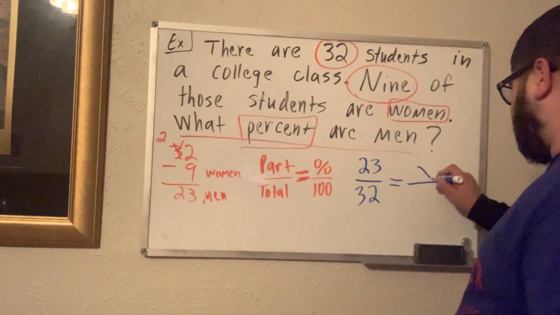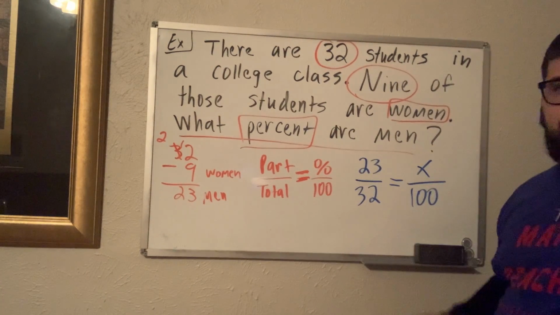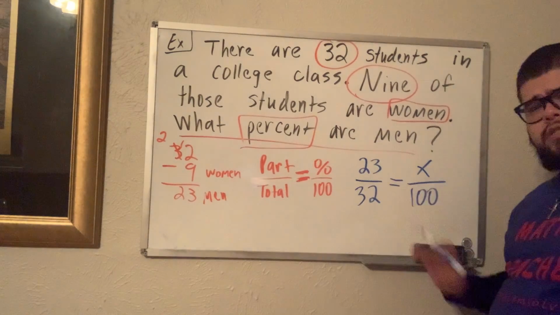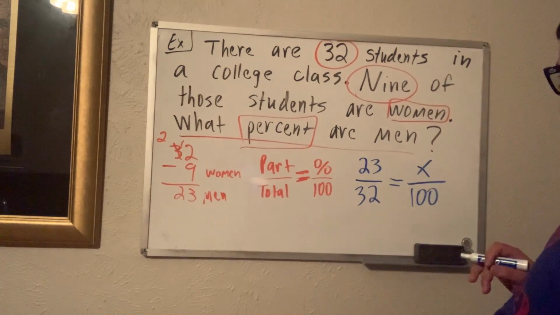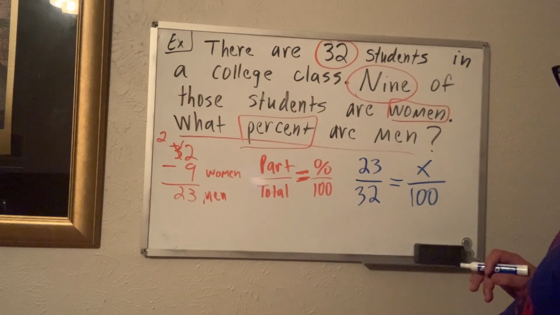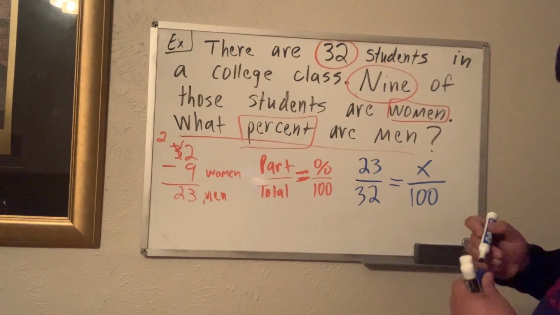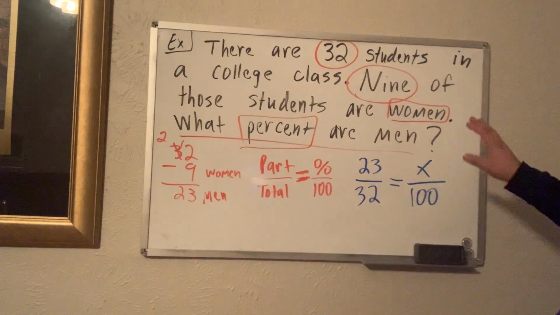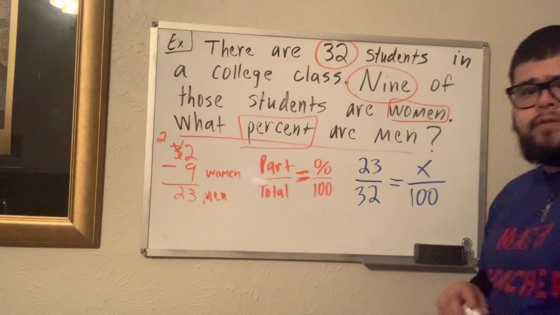No, we don't know the percent. 100 is part of the percent proportion. So now we're all set up. We got everything we need. Now we just need to solve the proportion. So make sure you have this written down. I'm going to erase this, and I'm going to put this proportion up here so that we're able to solve it, okay?